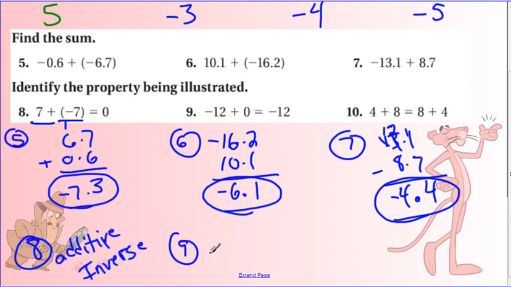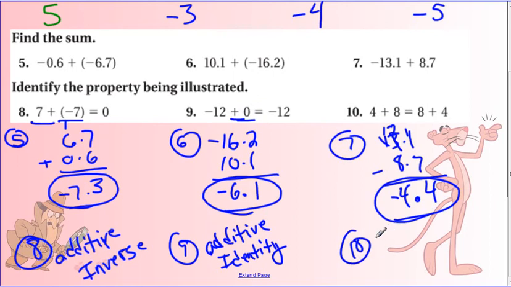Number 9 is the additive identity, because it's plus 0. And number 10 is the commutative property of addition. And I know because the numbers are moving around from their original positions.